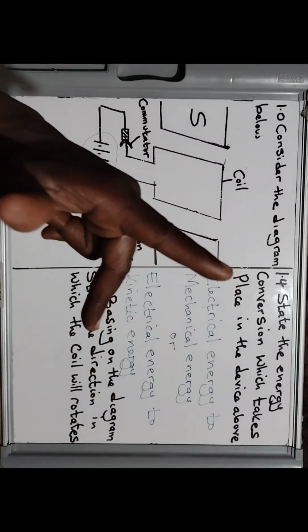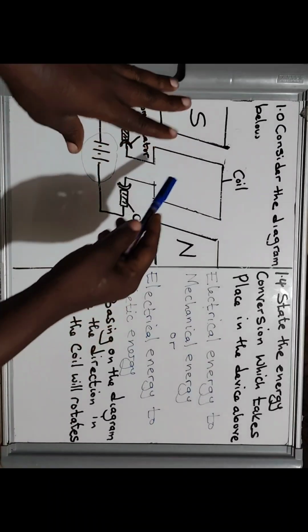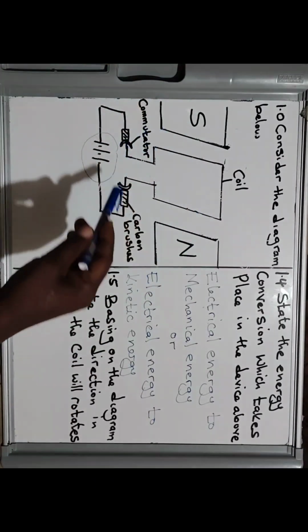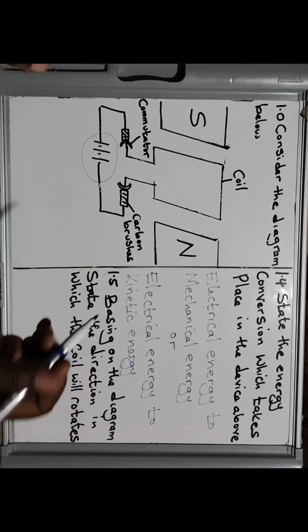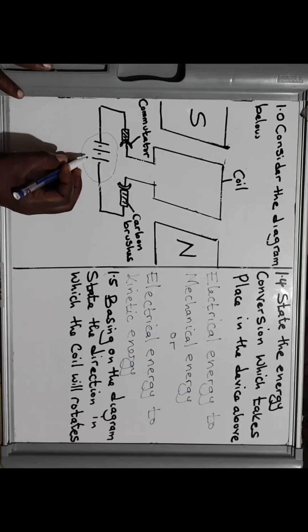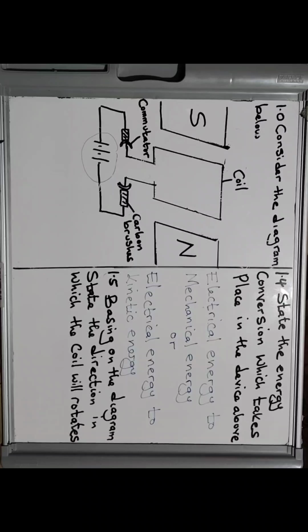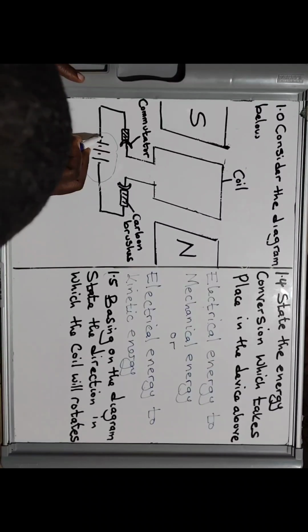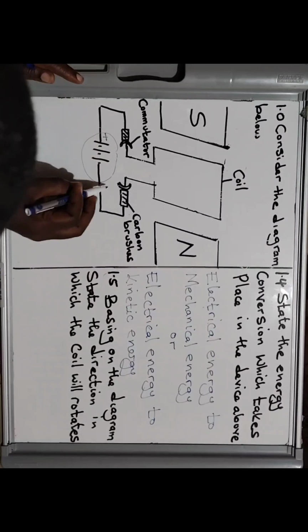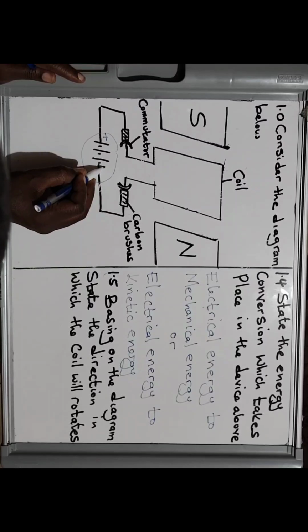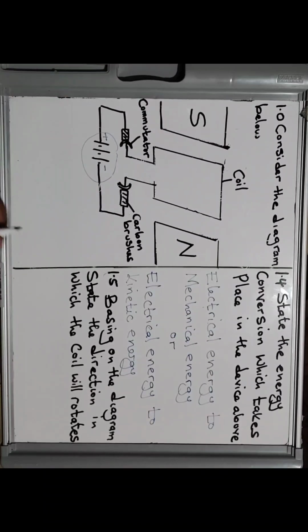So what we normally do, you come to the setup. Now that the battery has been given, you have to know that for the battery, this side is our positive and this side is our negative.